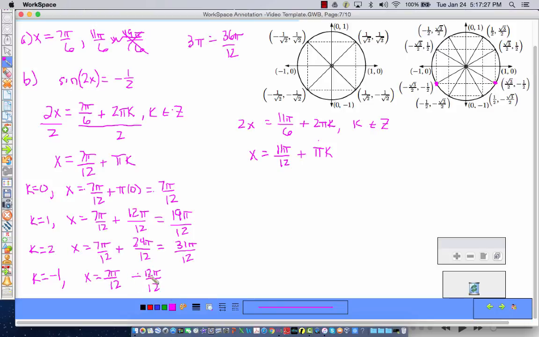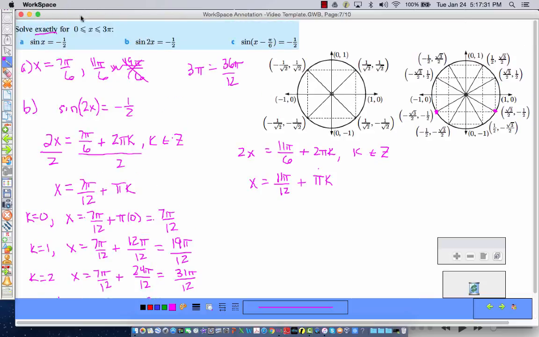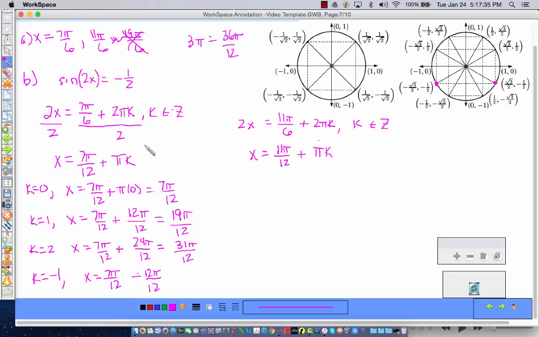But 7 pi minus 12 pi is a negative number, which is out of the range. So I can stop right there with the negative as far as this one is concerned. And you might think, well, is that always going to happen when your lower bound is 0 on the range? No, sometimes you can use a negative integer to get a correct answer.